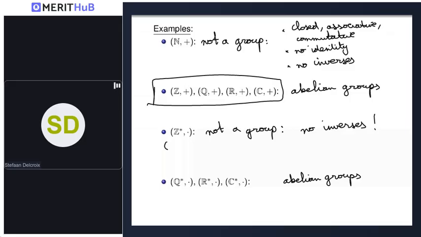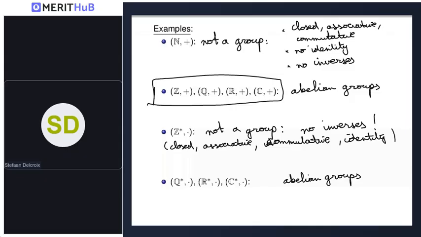But it is closed. It is associative. We have an identity. It is commutative. Oh, we're one property away from being a group.